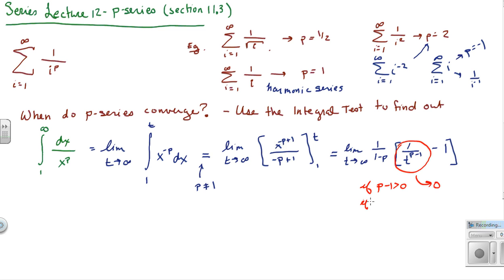If p minus 1 is less than 0, then when we rewrite it as t to the 1 minus p, this is bigger than 0, and that's going to infinity.